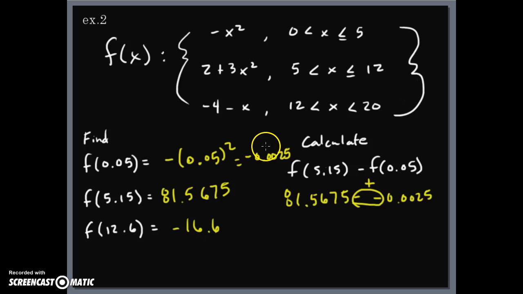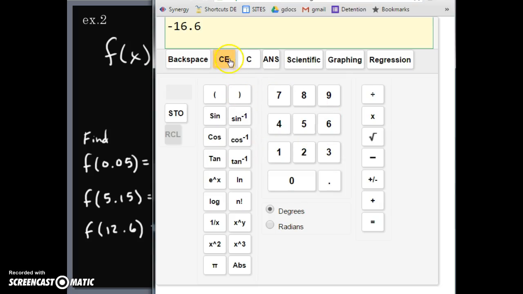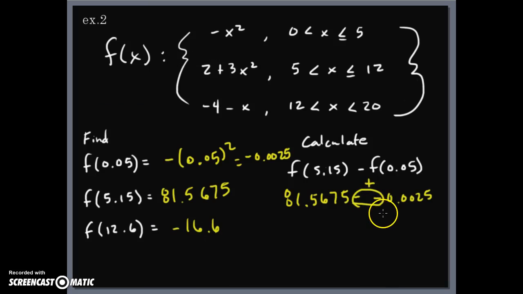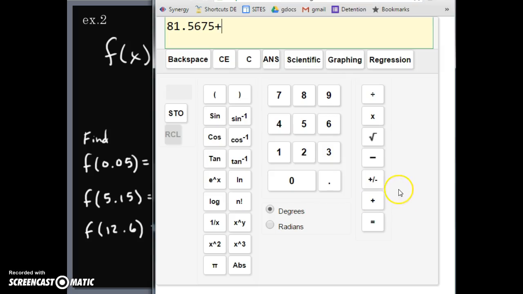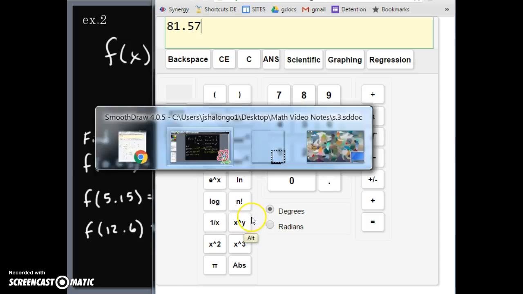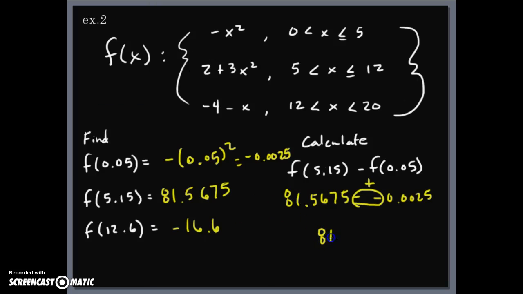So 81.5675 plus 0.0025 equals 81.57. Click on the homework.